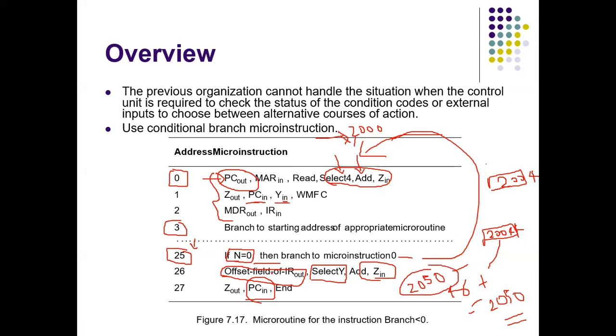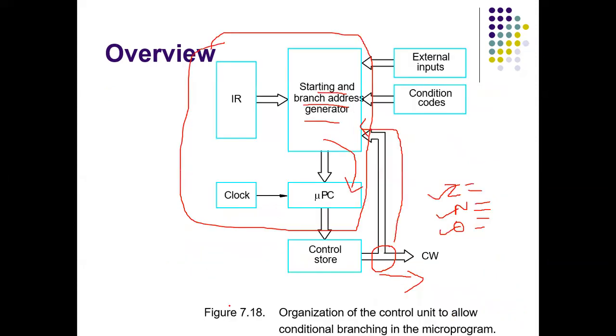So how can this be implemented using a micro program? The control store checks the condition codes.